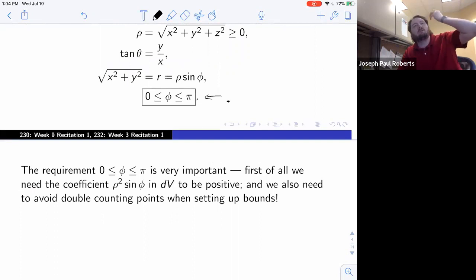The formula I showed you yesterday, technically there should be an absolute value around that, but if we're careful and never let phi go outside of that range, 0 to pi, then we're good. And the other thing is it helps to prevent us from double counting points. So for example, if you do 0 to 2 pi for both theta and phi, you're going to count every point twice.